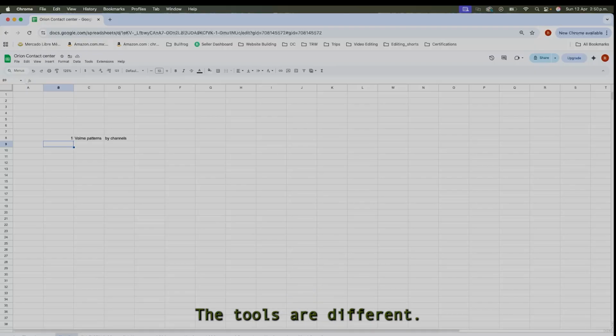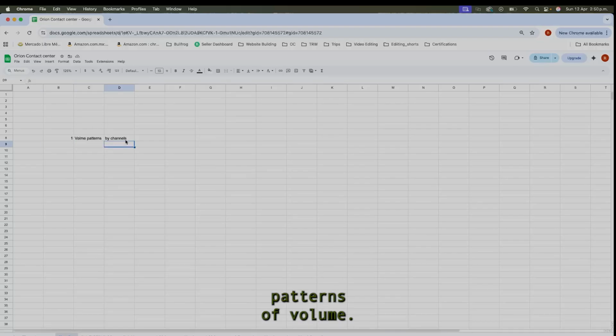The tools are different, so you need specific people with specific skill sets to handle these patterns of volume. If we are having WhatsApps coming in at 5 a.m. and we do not have people skilled for WhatsApp at 5 a.m., then we need to do something, right? Because we have customers waiting there for attention.